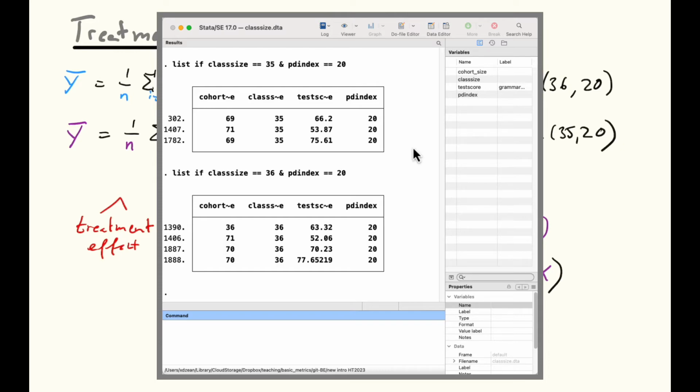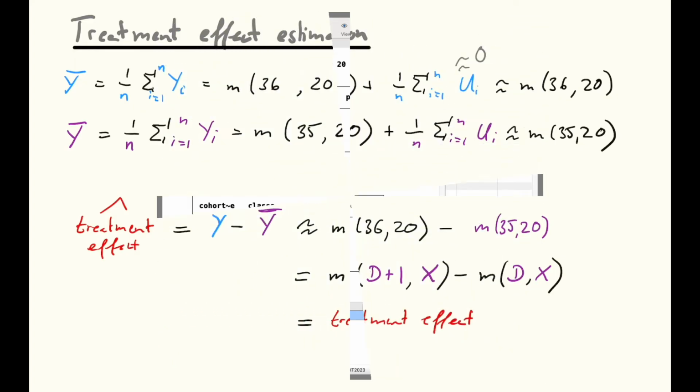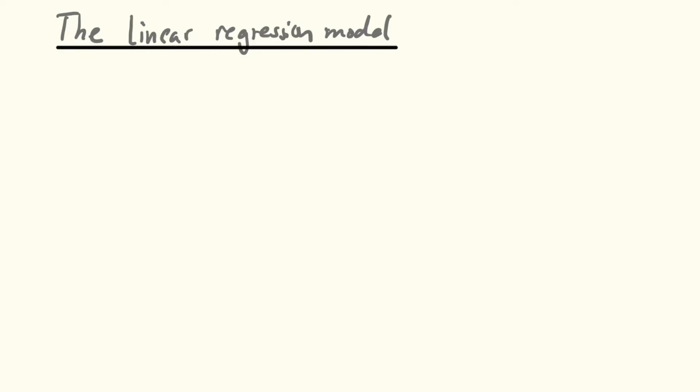We can do this by making a parametric assumption. And that's what we'll do next. This additional assumption will yield the linear regression model. So far, we have assumed that y is equal to m evaluated at treatment D and confounder x plus an error term.